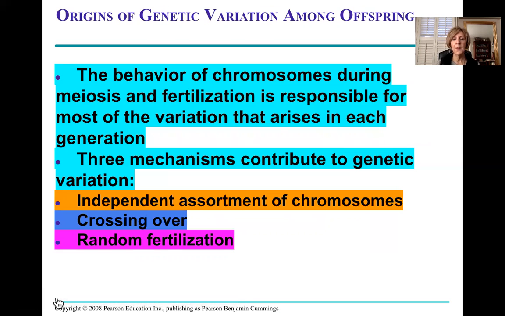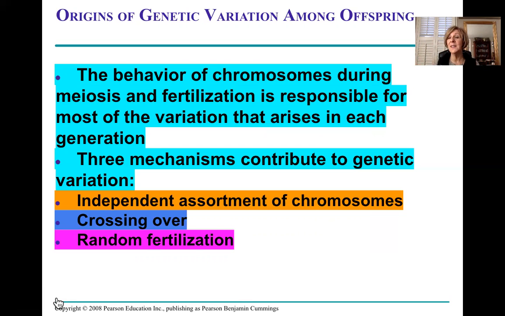independent assortment. So the 3 things that happen in sexual reproduction that allow for variation in the offspring. The three mechanisms are independent assortment, which chromosome ends up on which side of the metaphase plate. When the pairs line up, do they end up like this or this?